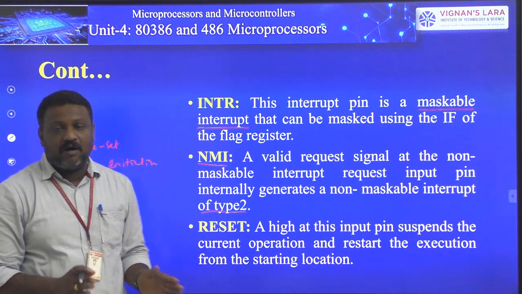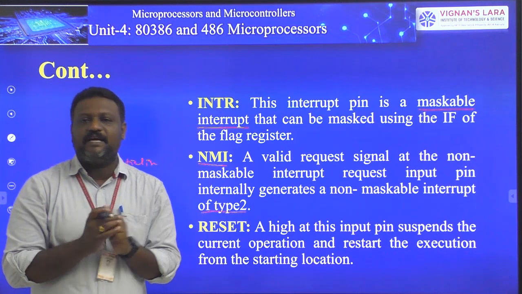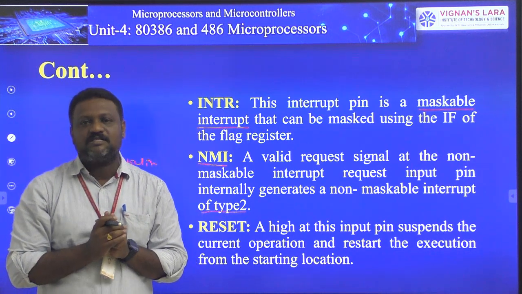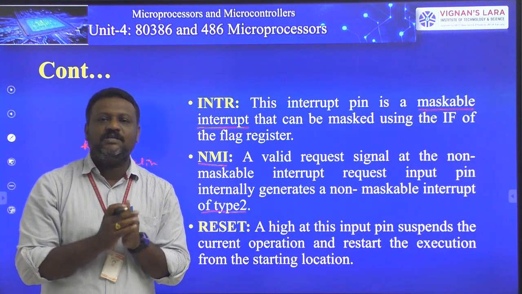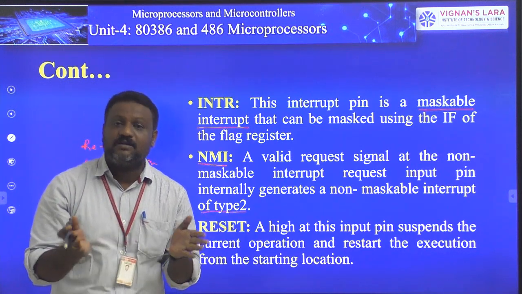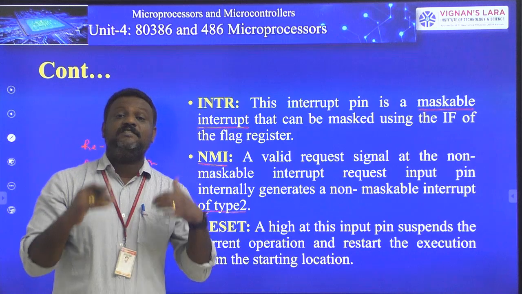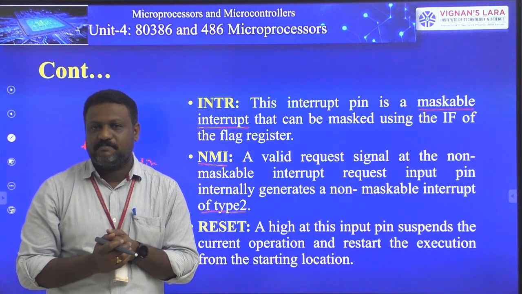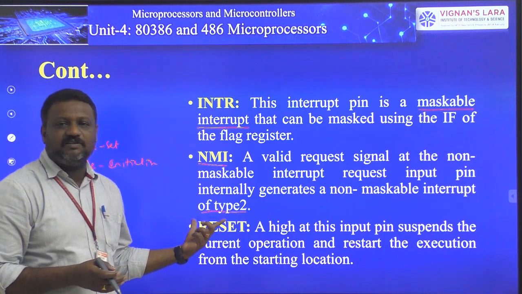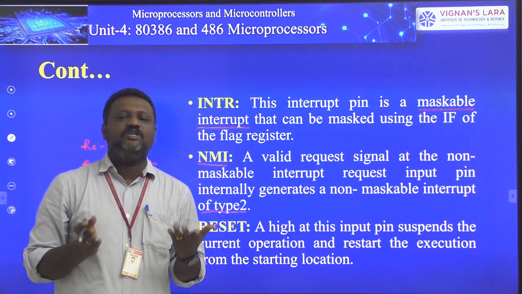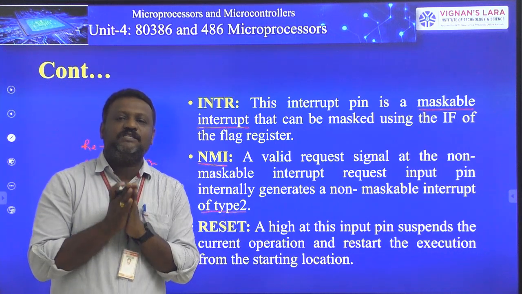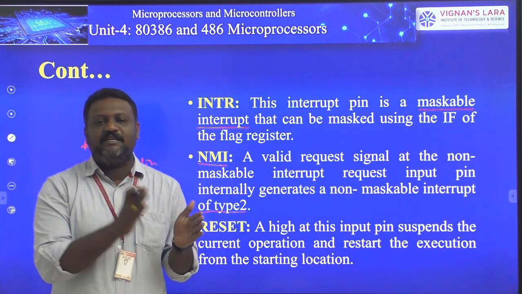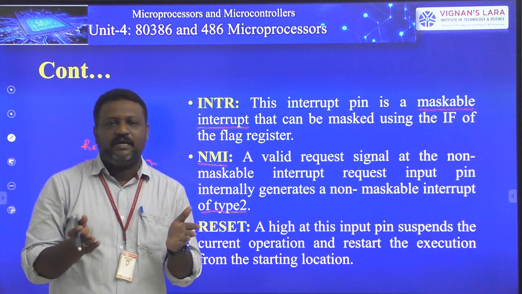That means our internal registers are loaded with their initial values. Your program execution is shifted to the initial address, and the internal buses are operated at tri-state, and the devices which are connected to your processor are also reset. Reset means reinitialize. Whatever task it was executing, it has to stop at that point and shift its execution to the initial address.